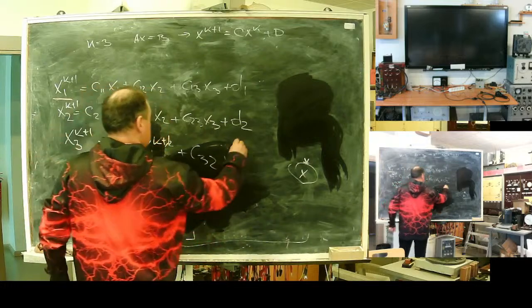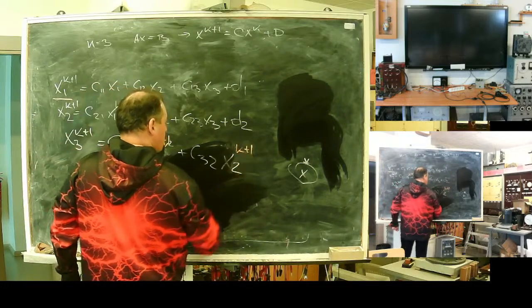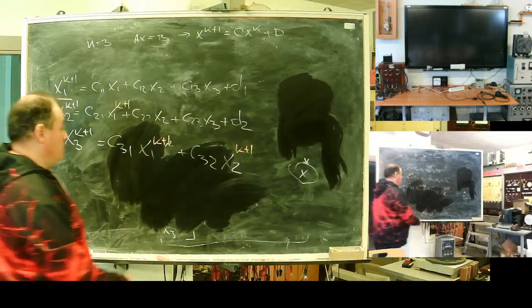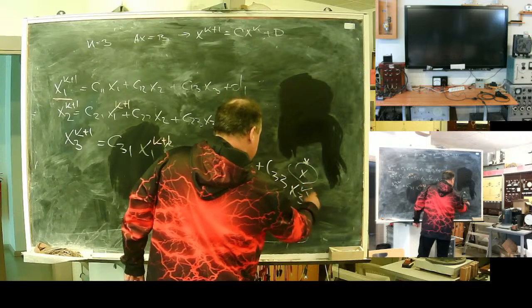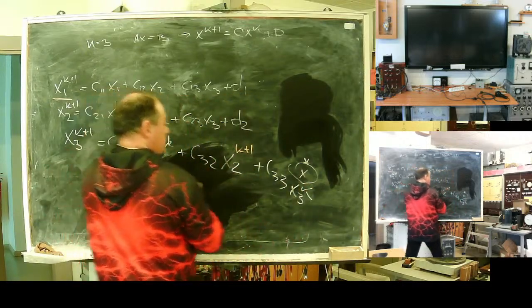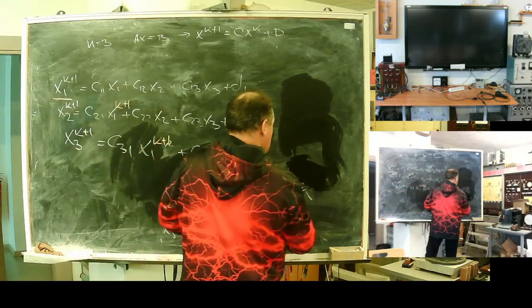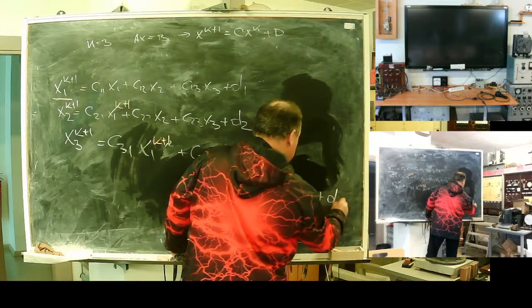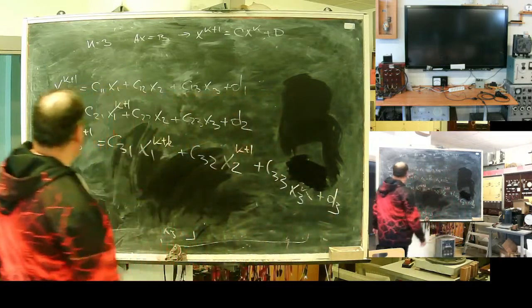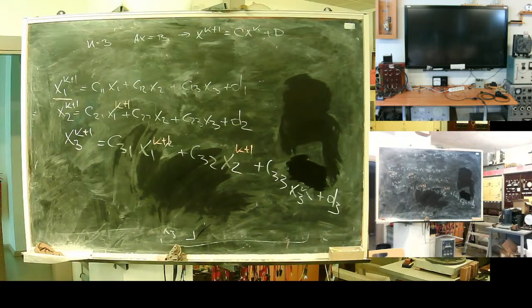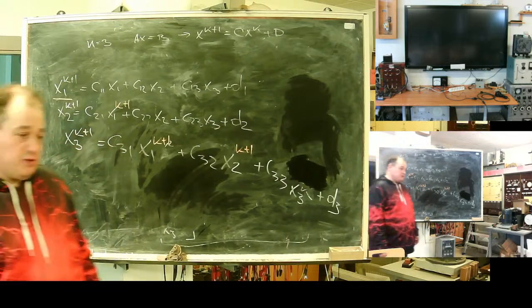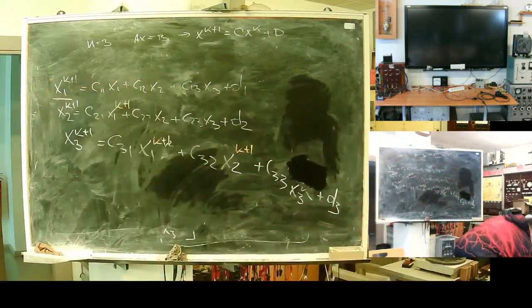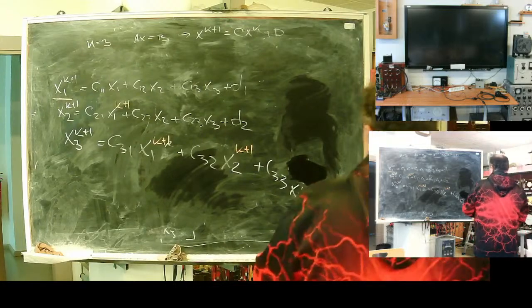Also, I knew it, so it will be next, plus c33 x3 previous, I don't have it yet, plus d3. With such improvement, it's a small improvement, only k plus 1, I will double the speed of solution. Real speed double, solution speed doubles.